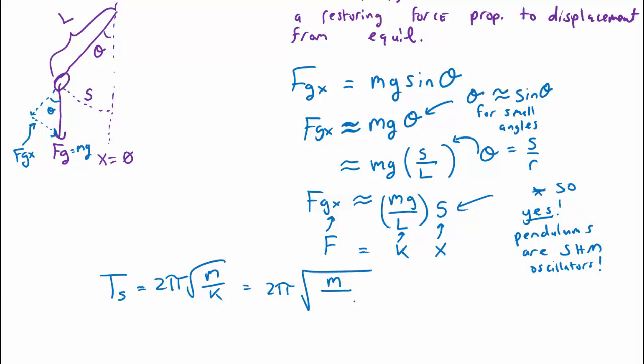Now this is a period for something that's oscillating in SHM. k is going to map to m times g over L. So I'm going to substitute that in here, m times g over L. And when I do that, the masses cancel, and my new expression is 2 pi times the square root of L over g. And this is going to be the period of a simple pendulum.